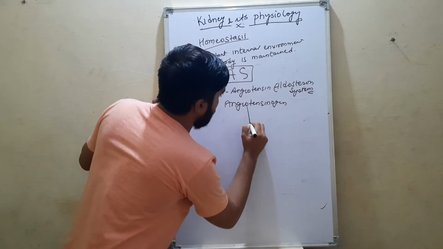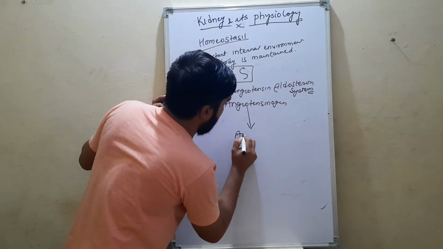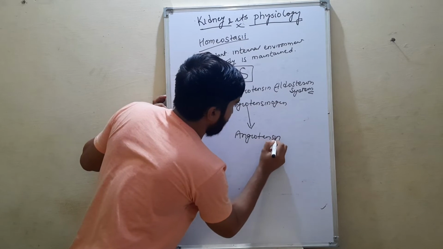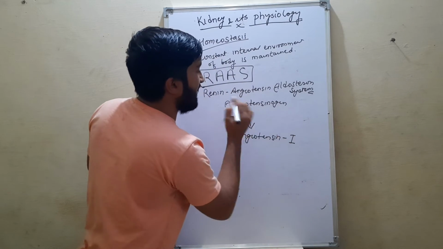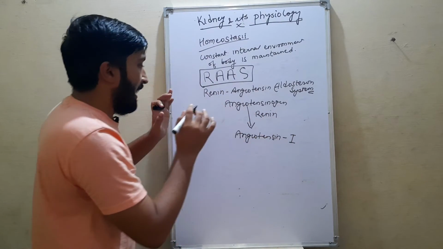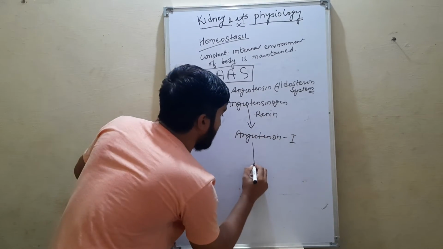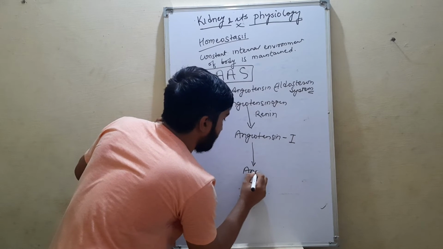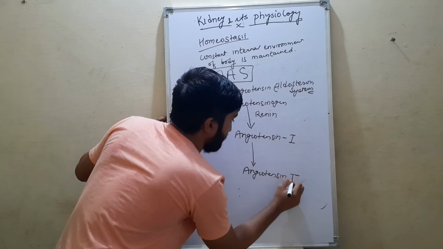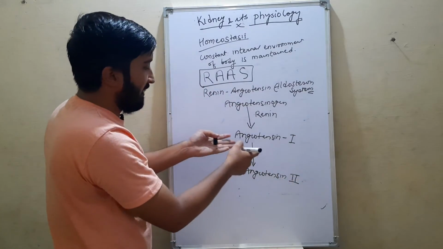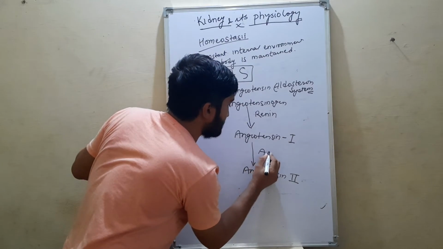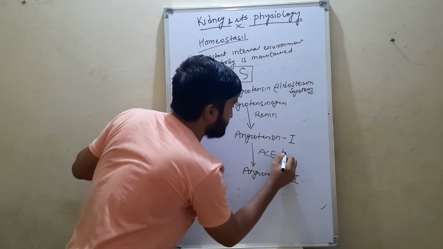Now angiotensinogen will be converted into angiotensin first by the enzyme secreted from the kidney, that is renin. Angiotensin first will be converted to angiotensin second. How is it converted? By the angiotensin converting enzyme, the ACE enzyme, from the lungs.